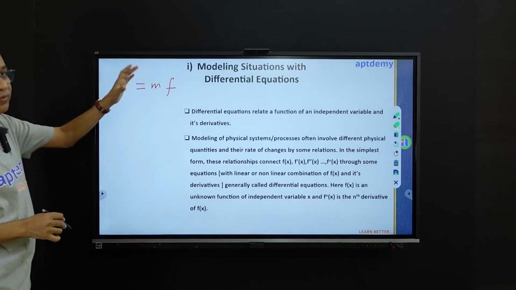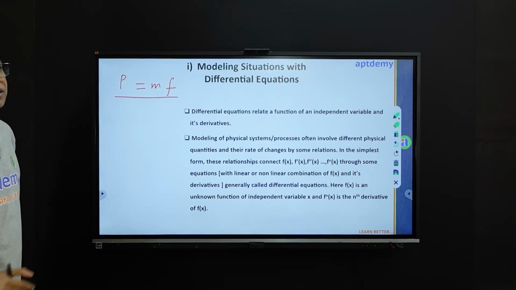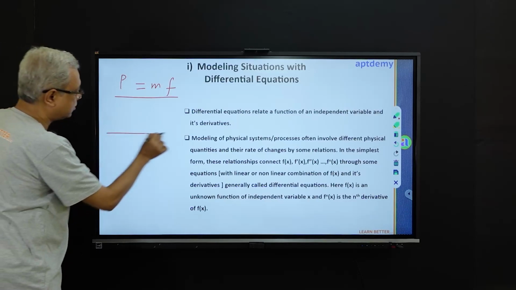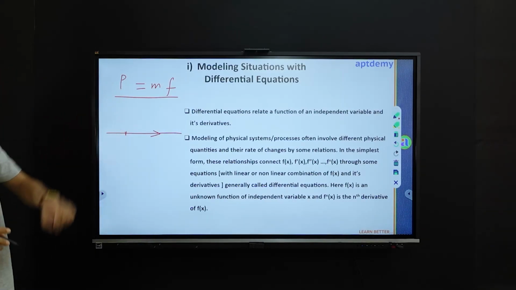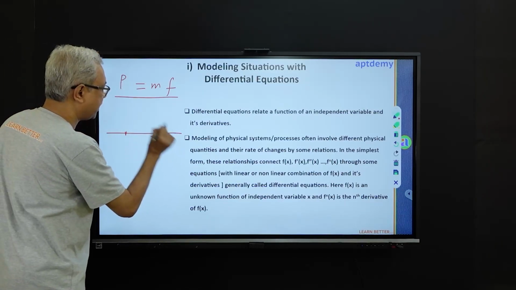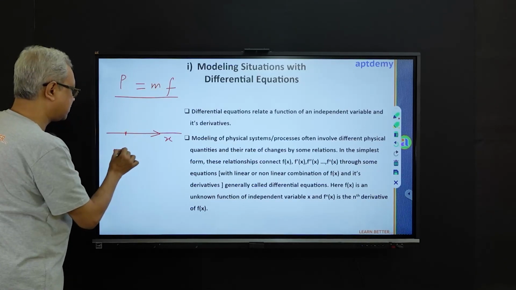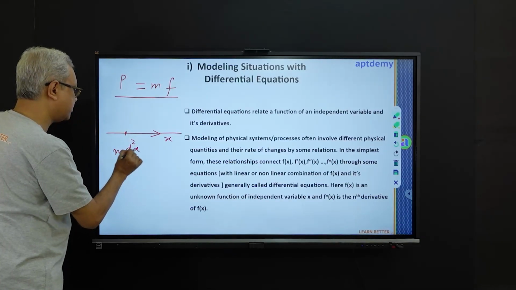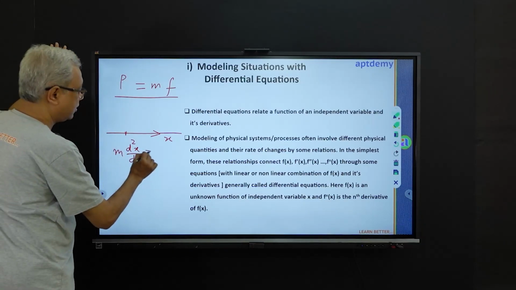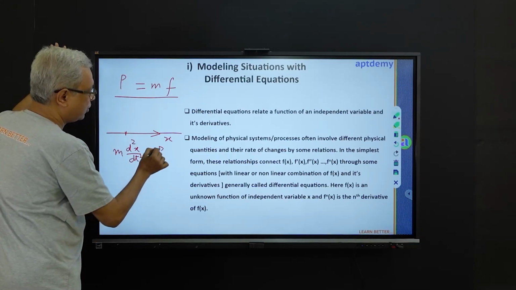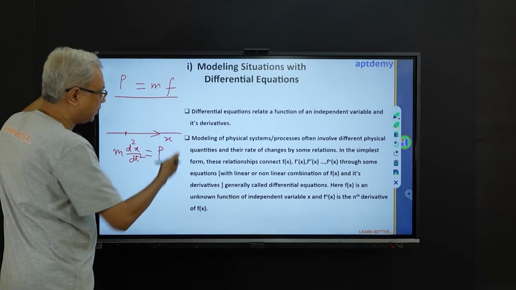Okay, so we know that if P is the applied force on an object, then it is connected by the equation P = mf. When a particle is moving along a straight line, rectilinear motion, and if this direction is x, then acceleration we can write as d2x/dt square, and P is the applied force, which may be a function of x, or of other variables also.